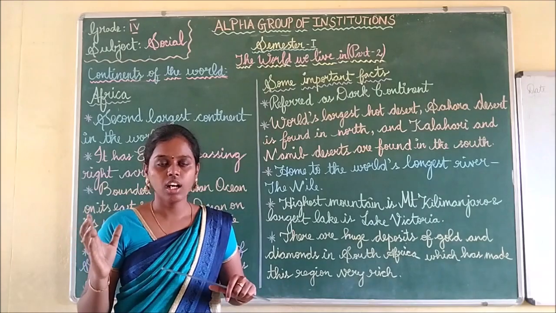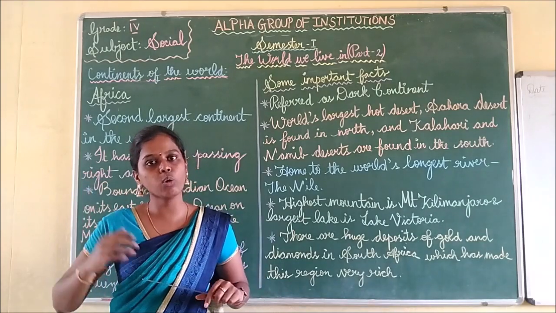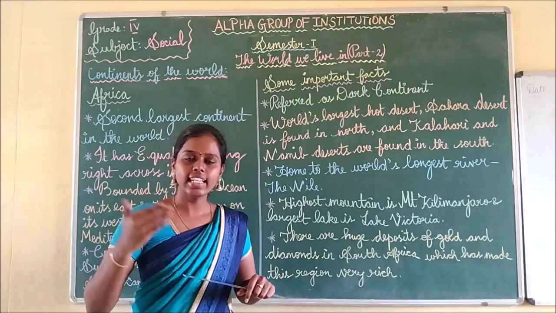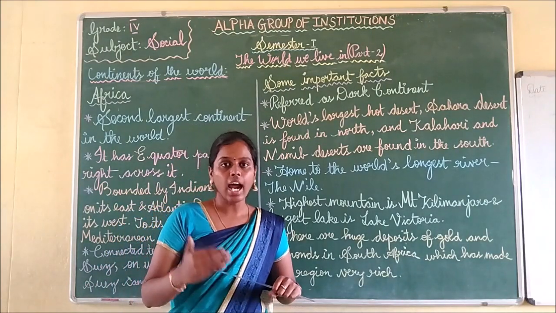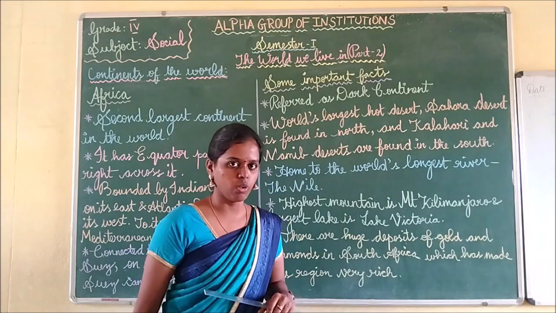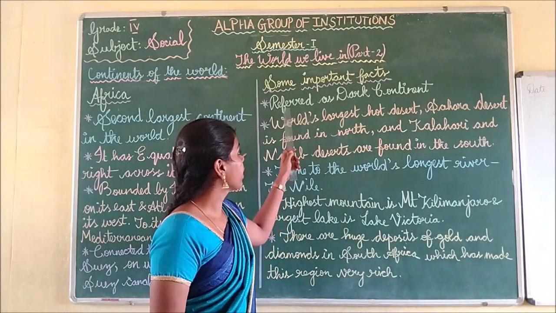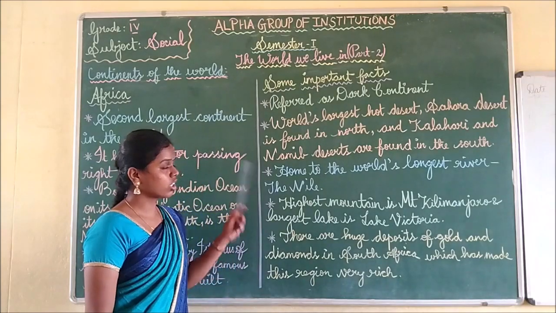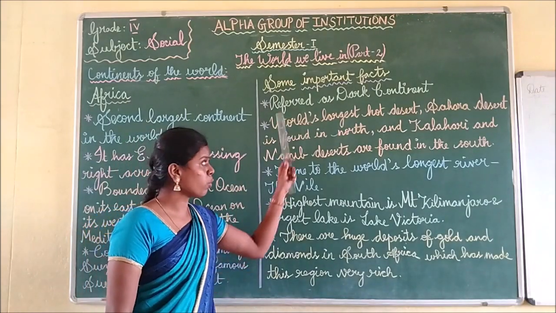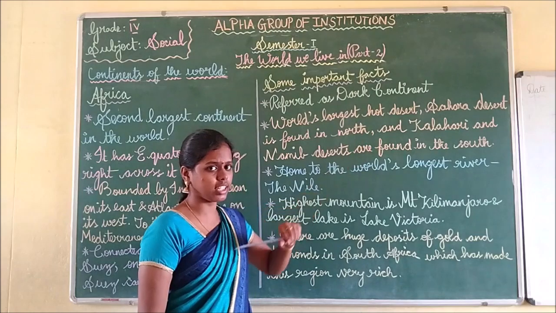No one knows how Africa was in the olden days. No one knows the history of Africa. Till now it is a mystery, and very little is known. So, Africa is known as the dark continent. Okay. Have you understood why it is known as the dark continent?